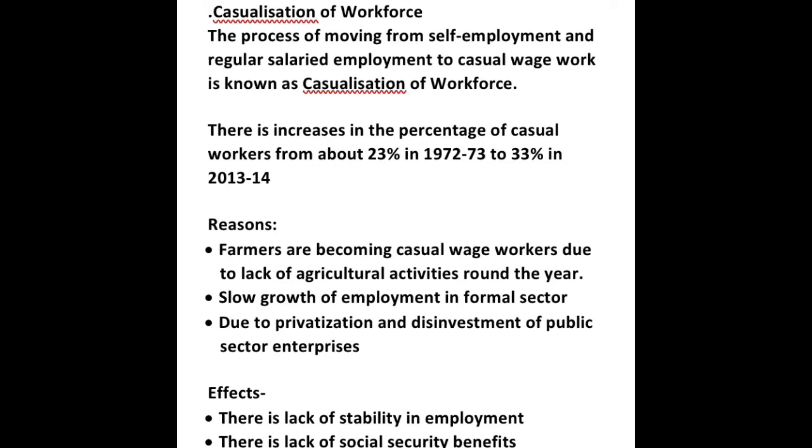Formal sector means that sector which employs 10 workers or more and gives them social security benefits such as PF, pension, gratuity, etc. Because there is not much job creation in the formal sector, the workers have to move towards the informal sector. In the informal sector or unorganized sector of the economy, there is generally casual labor.